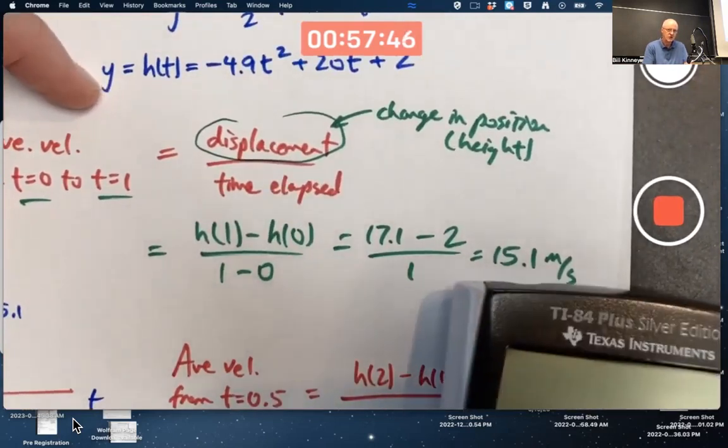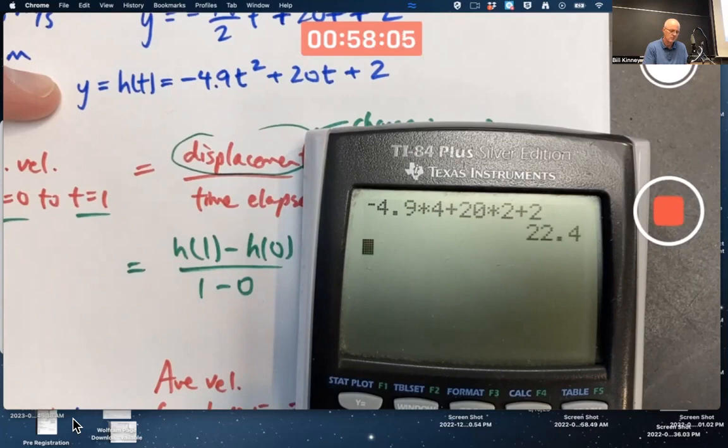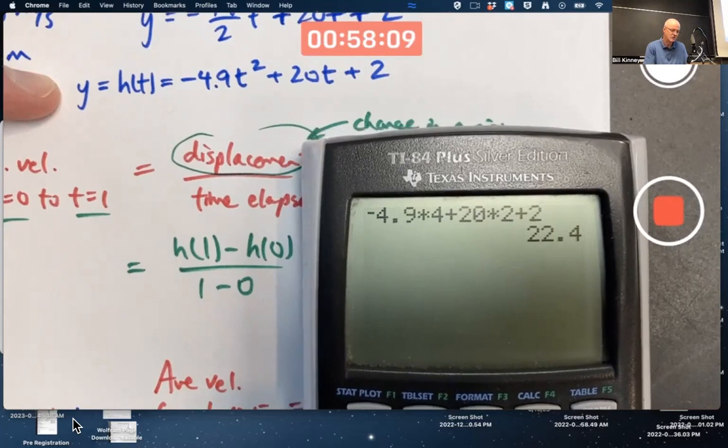If I plug in 2 into that to find h of 2, negative 4.9 times 2 squared is 4, plus 20 times 2, plus 2. Plugging in t equals 2, 22.4 is the height at time 2.